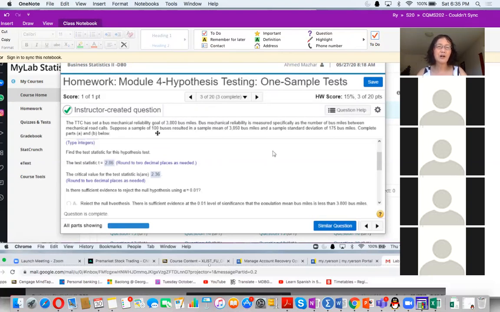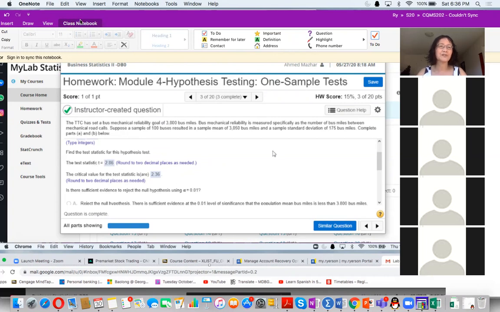Suppose a sample of 100 buses resulted in a sample mean of 3,850 bus miles and a sample standard deviation of 175 bus miles. The question I got is, how do you compute the test statistic? And how do you compute the p-value?